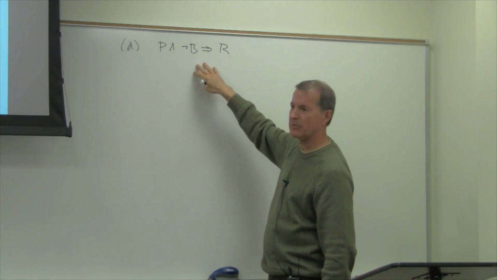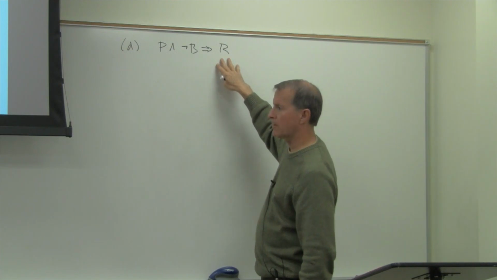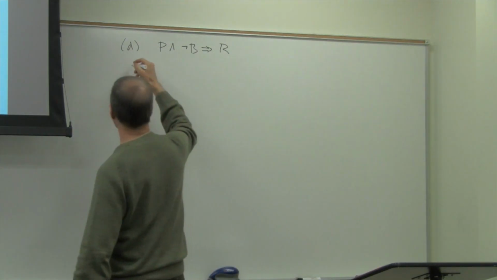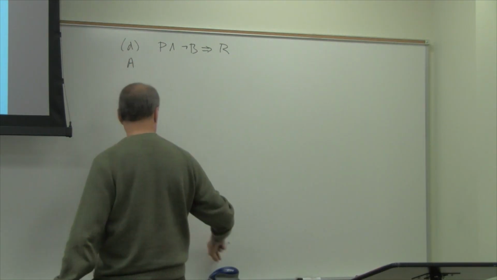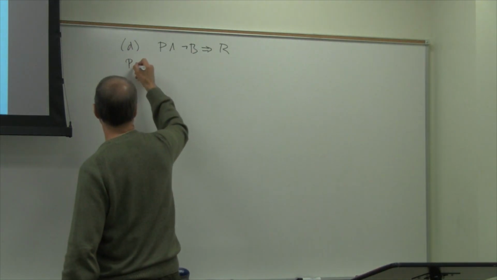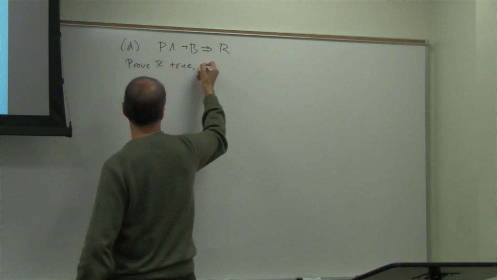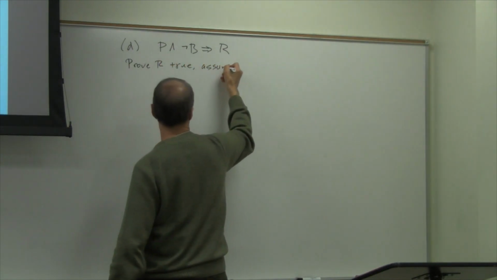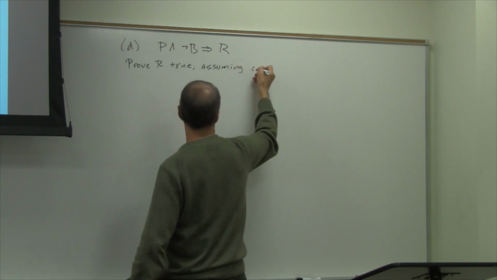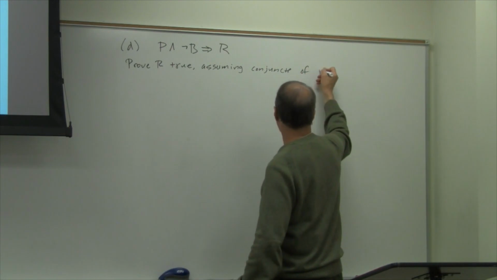But this time we're not doing a WP calculation, right? So we'll just start with R. Prove R true assuming conjuncts of the antecedent.